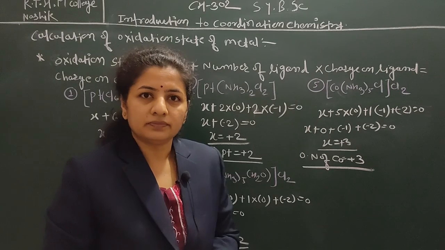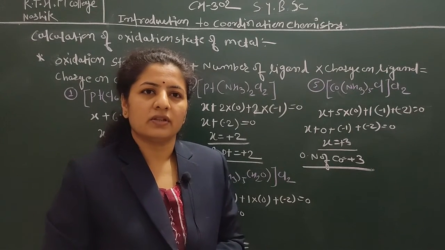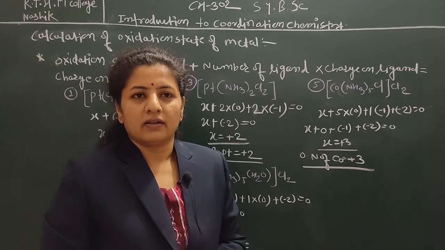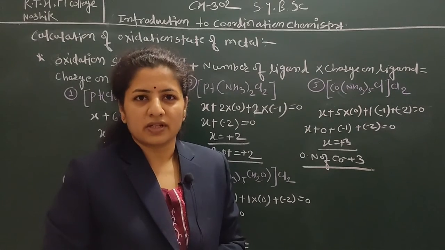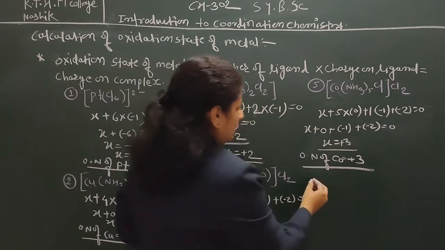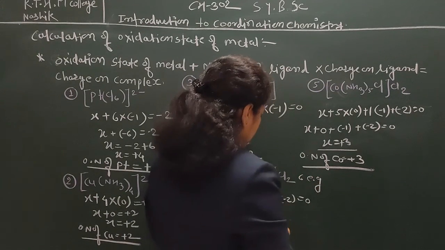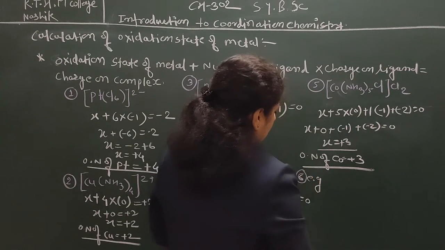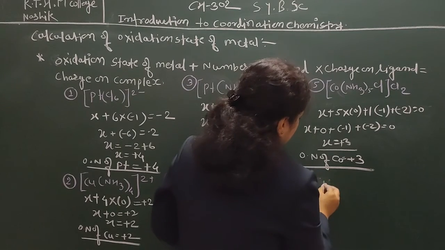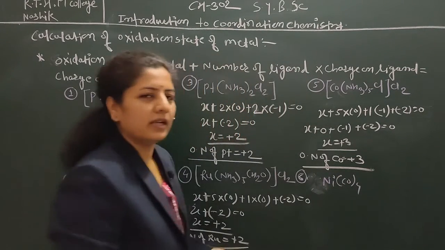Now there are some complexes in which a neutral ligand is attached to the metal ion. What is the oxidation state of that metal ion? For example, tetracarbonyl nickel.